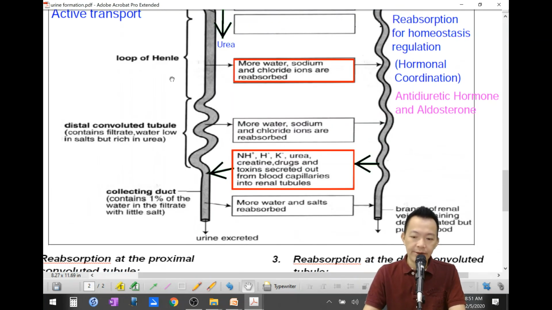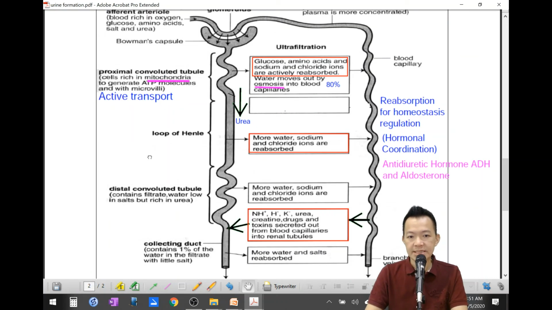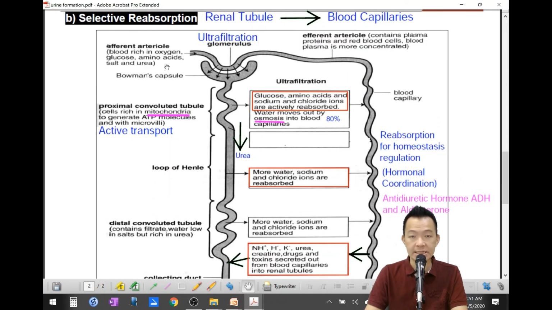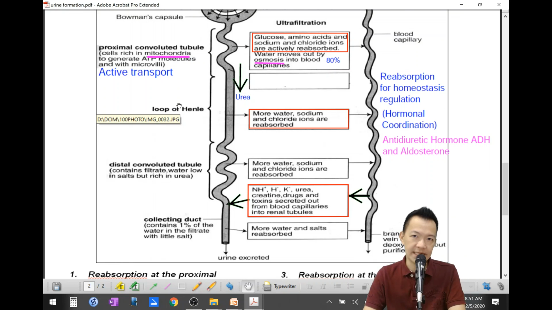Okay, how about secretion? During the process of selective reabsorption, the secretion takes place at the same time.